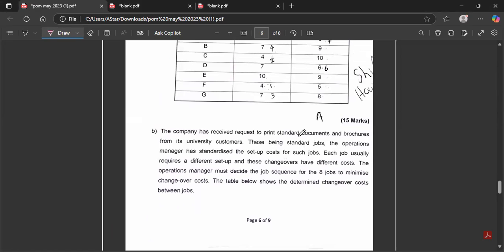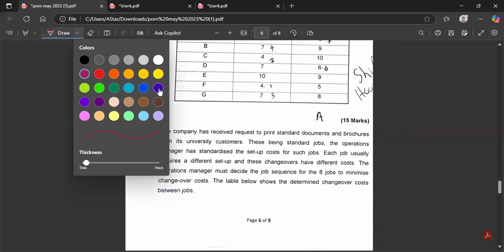The company has received requests to print standard documents and brochures from its university customers. These being standard jobs, the operations manager has standardized the setup costs for such jobs.